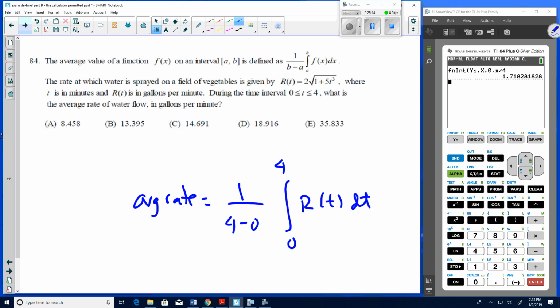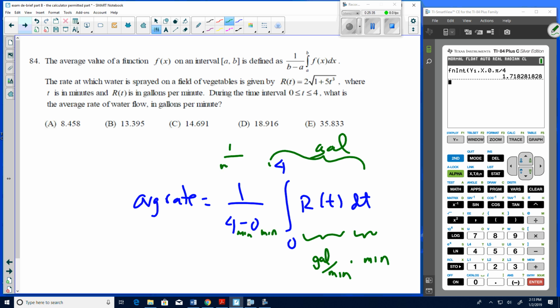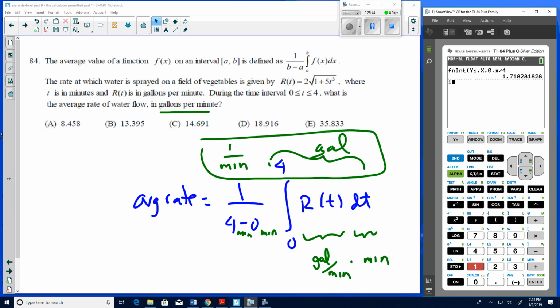If we just consider units, this is in gallons per minute. This is in minutes. Gallons per minute times minutes gives us gallons. But then this is minutes, right? So this is 1 over minutes. And our final unit is going to be gallons per minute, which is what we want. So it looks like we just do 1/4 times math 9.